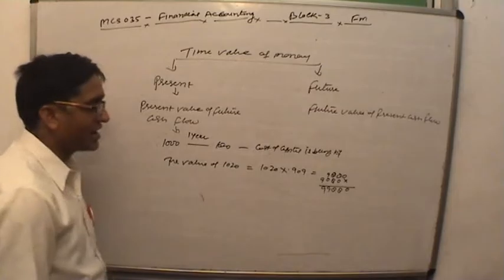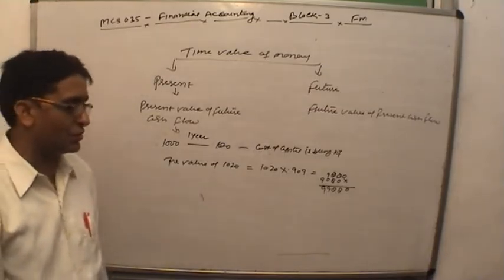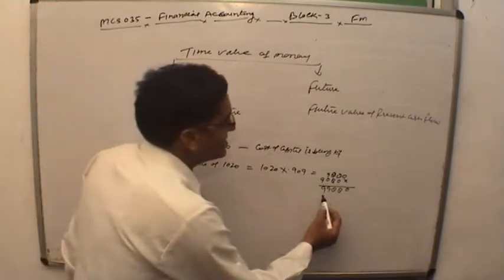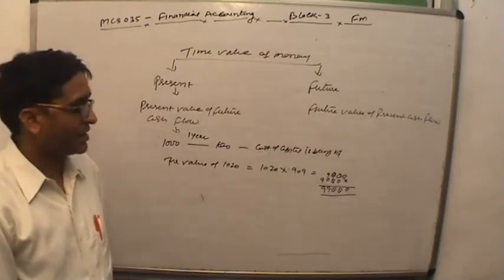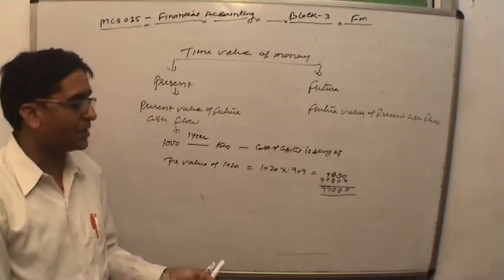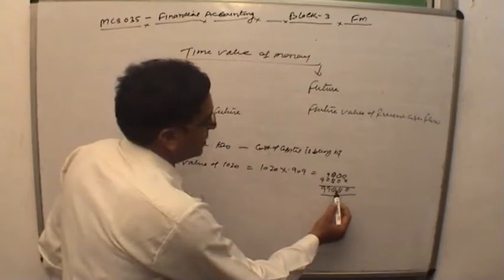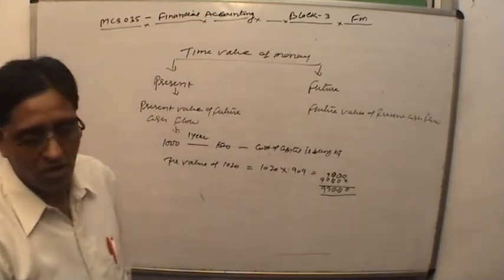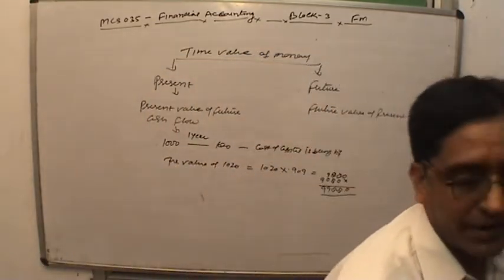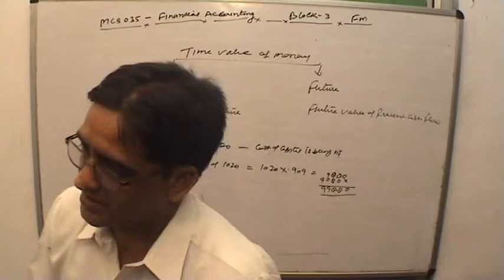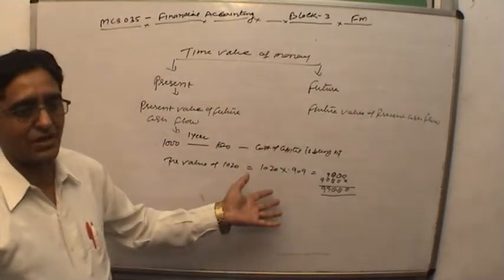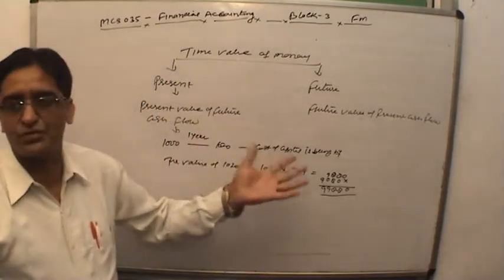That means the value of rupees 1020 in today's terms is about 927 rupees, so definitely you have lost this amount compared with the rupees 1000 today, and also sacrificed time. All that is calculated in this way for future cash flow.